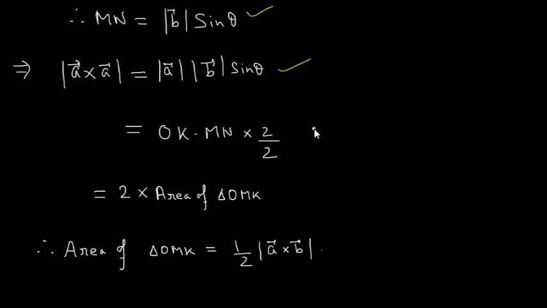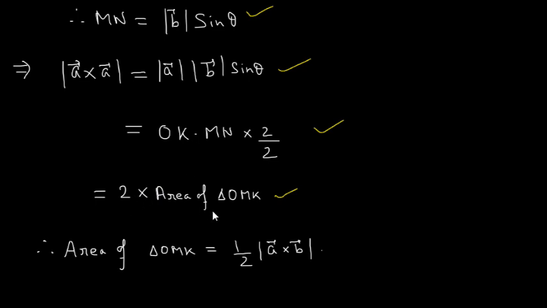Now we can write OK dot MN, multiply by 2 and divide by 2 to solve the problem. So it is 2 into half length into base, so OK into MN into 2 upon 2. Therefore half OK multiplied by MN is equal to the area of the triangle OMK, and this 2 is here.